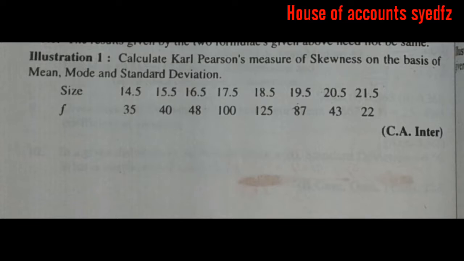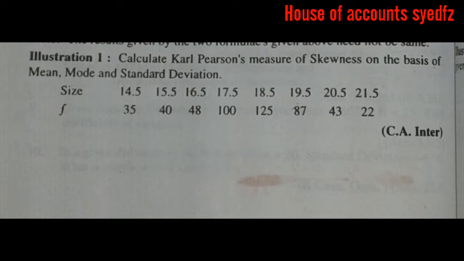Continuous means class intervals like 0 to 10, 10 to 20, 20 to 30, 30 to 40. Individual series means a single series. So this is a discrete series. Here the frequency should always increase and decrease: 35, 40, 48, 100, 125, now it's decreased: 87, 43, 42.